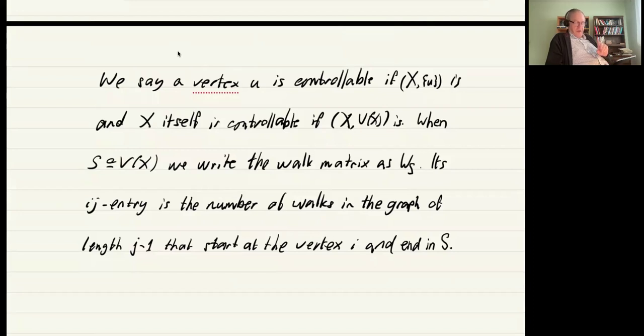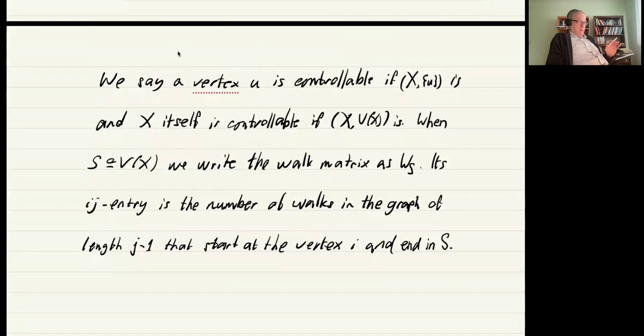The point is that it's determined by walks in the graph. And so it's reasonable to call it a walk matrix. That won't affect us much for what we're doing now, but in other situations, it's actually relevant.